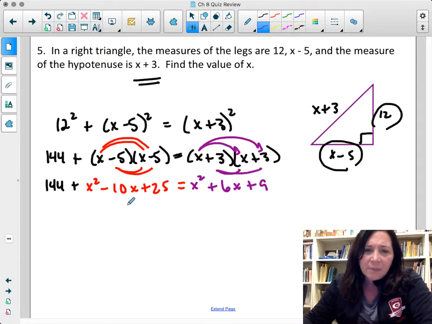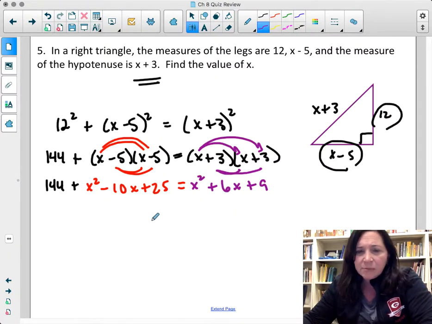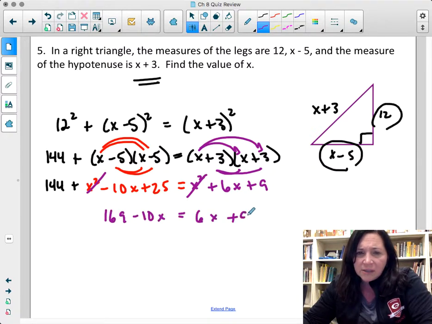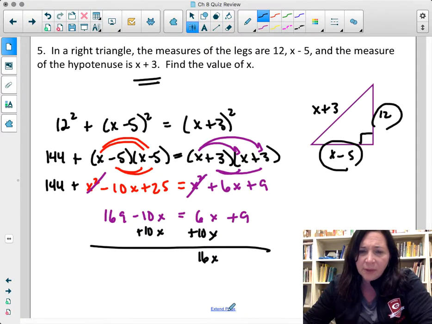So if I subtract x squared from both sides, my x squareds are going to cancel. What I have now is 144 minus 10x plus 25. So 144 plus 25 is 169, minus 10x equals 6x plus 9. I'm going to add 10x to both sides, so I get 16x on the right.